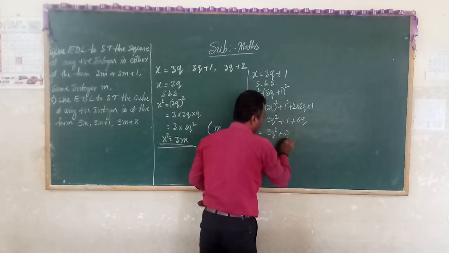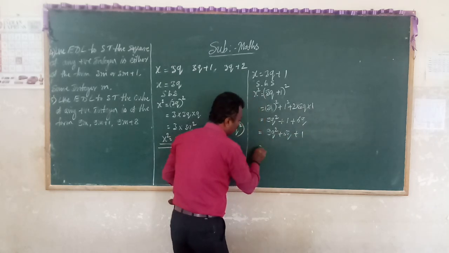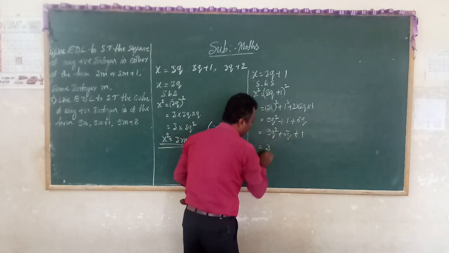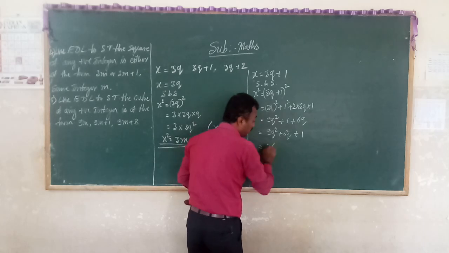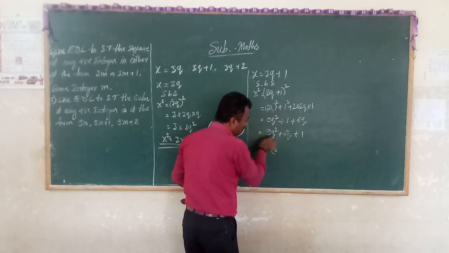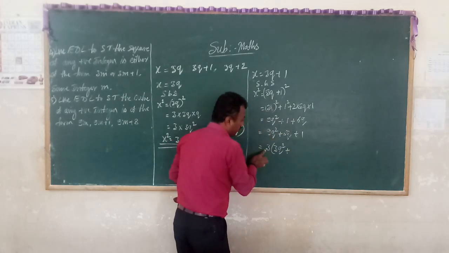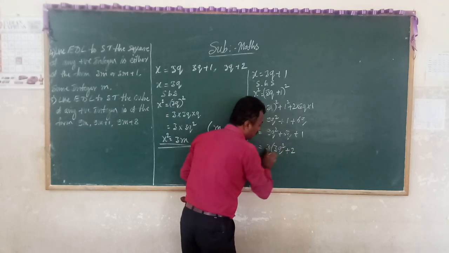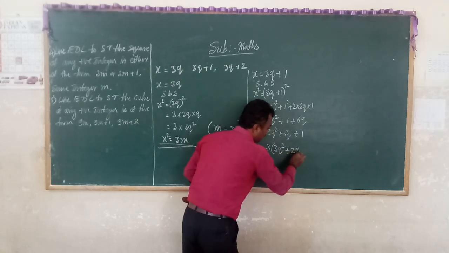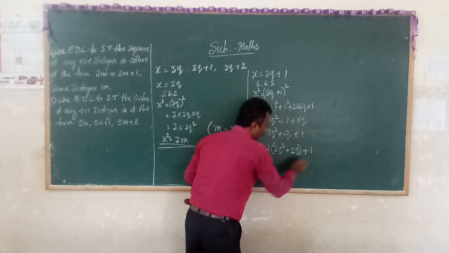I will take the first two terms together and plus 1 is the other term. So I will take out the common factor 3. The remaining is 3, 3 threes are 9, q square as it is, plus 3 twos are 6, q as it is, plus the remainder 1.